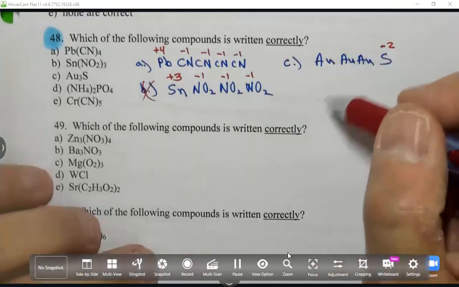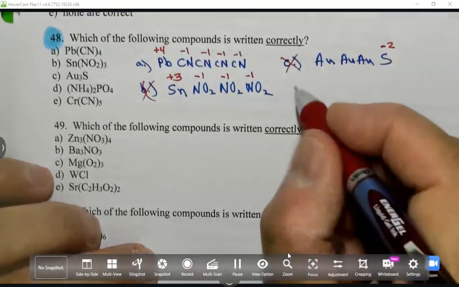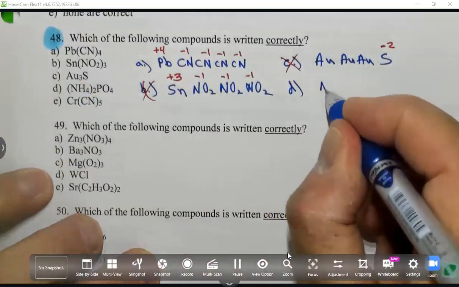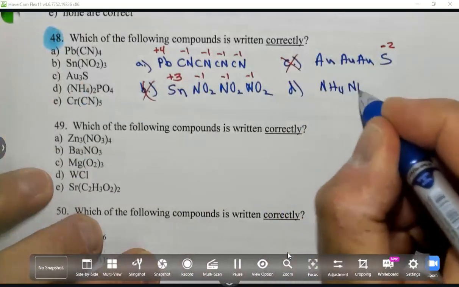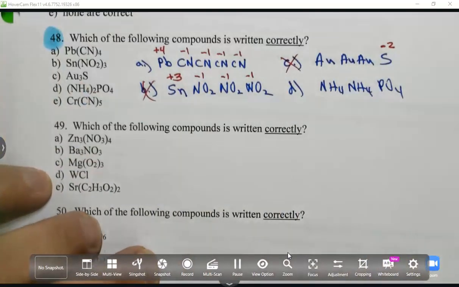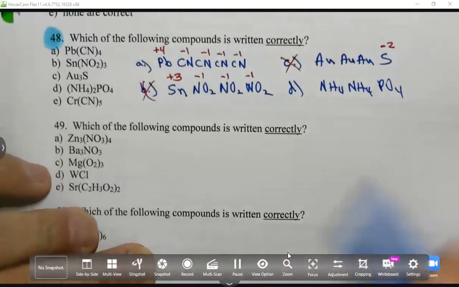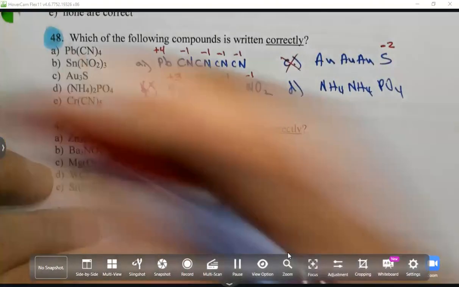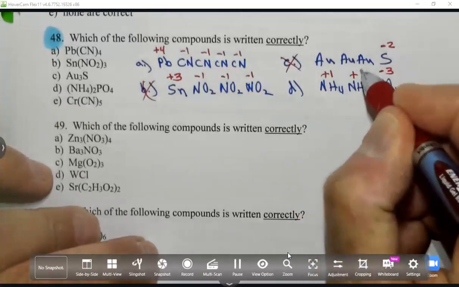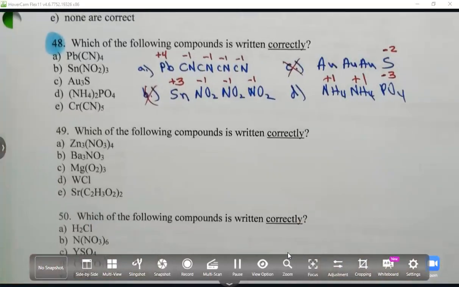So this just can't work. Letter D, you have NH4, NH4, PO4. PO4 is phosphate, which is -3. Ammonium is +1. So that doesn't equal out to be 0.